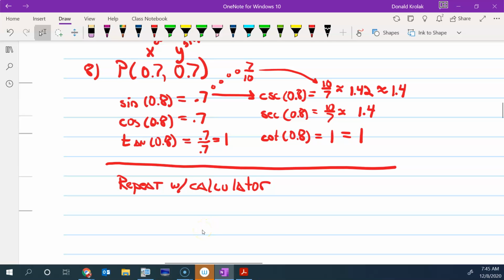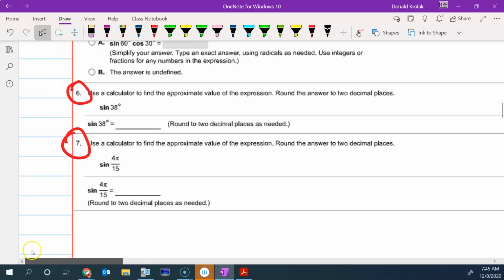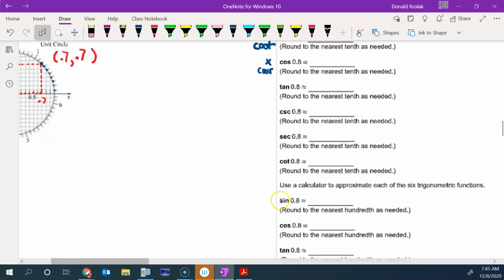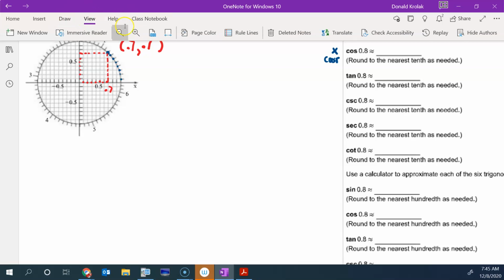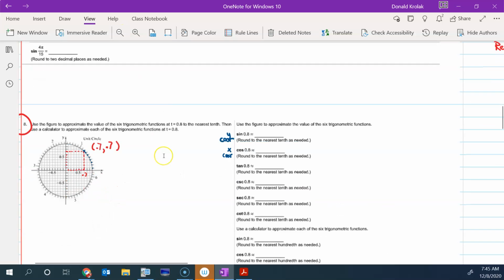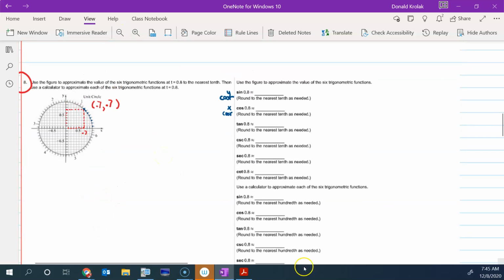Pardon me? Yeah, it's asking you, we estimated using the drawing. And now the bottom half of this is to do it using your calculator. So the question is, is your calculator going to be set in radians or degrees? Radians, okay?